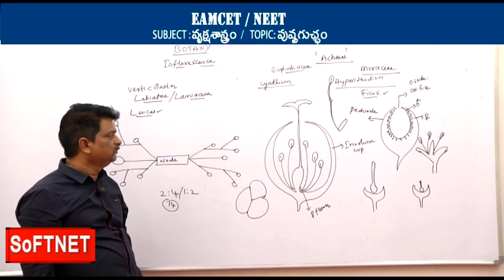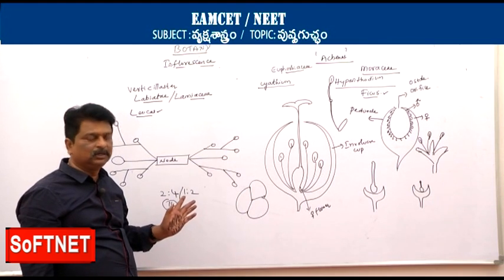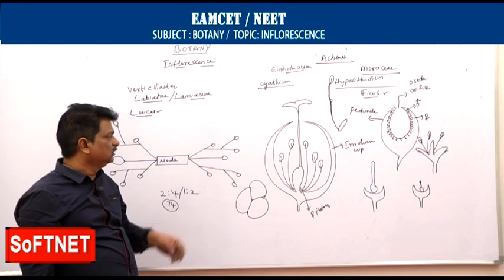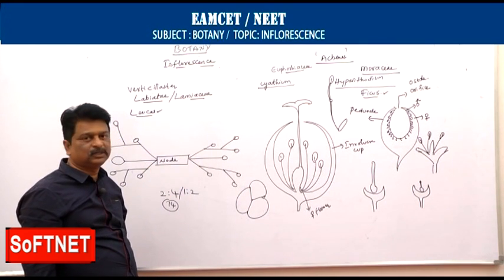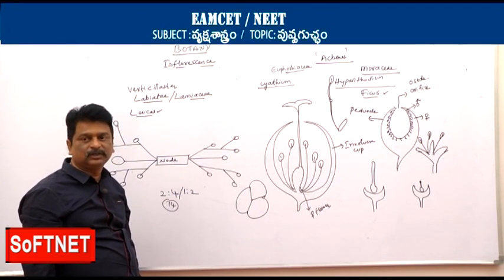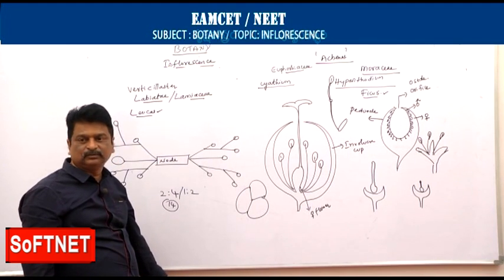In hypanthodium, flowers are sessile. These are the differences. One more: in verticillaster or hypanthodium, flowers are chlamydious, perianth members are present. Only in cyathium, flowers are achlamydious, perianth members are absent, called naked flowers.